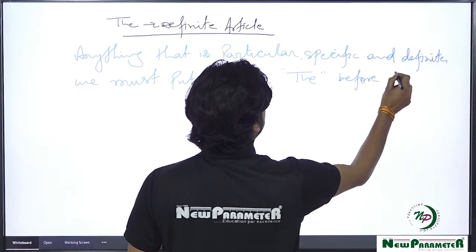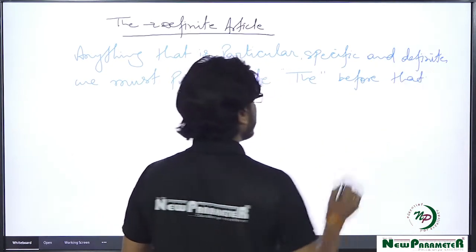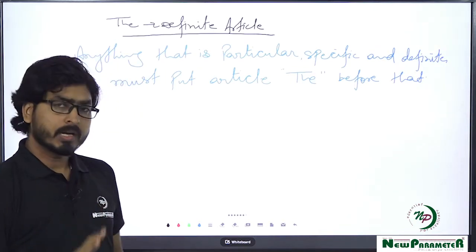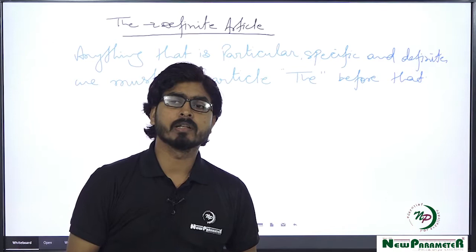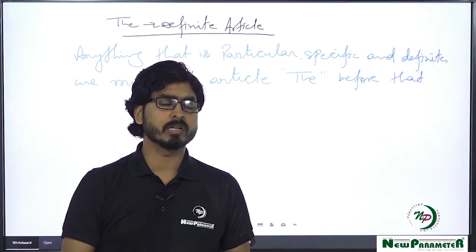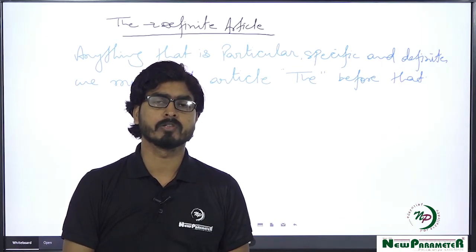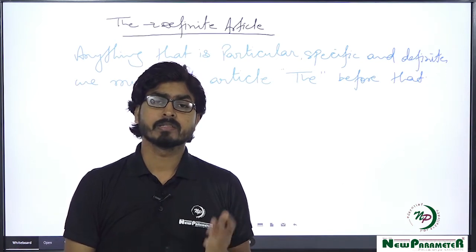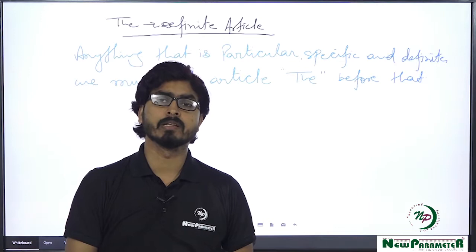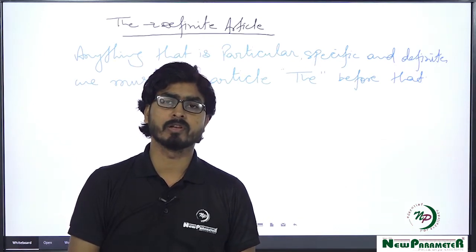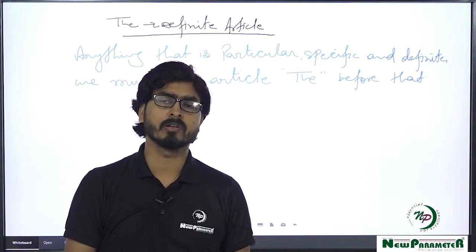Means what? See, there are two possibilities. If a thing is used in a particular sentence in a very general way, it means that is not very specific or particular. But whenever the same noun or the same thing is repeated in the very next sentence, that noun becomes specific or definite, because we are not talking about any noun.